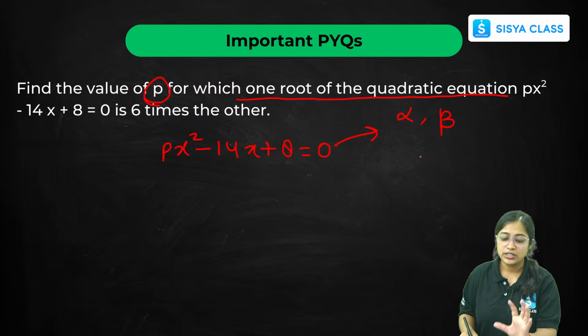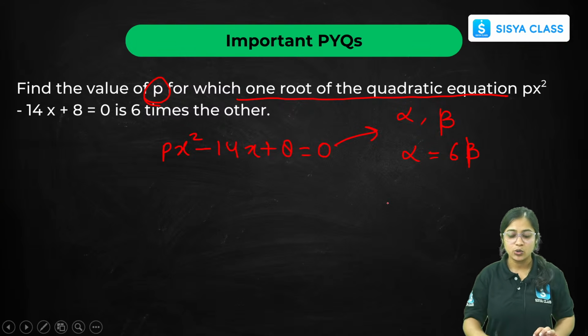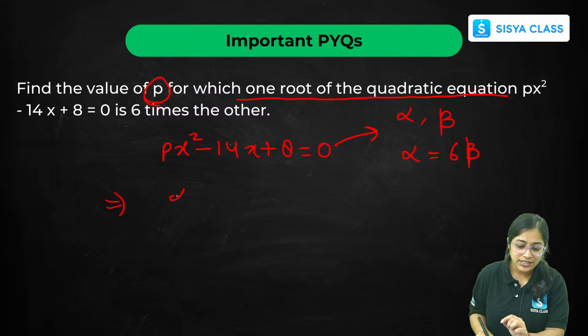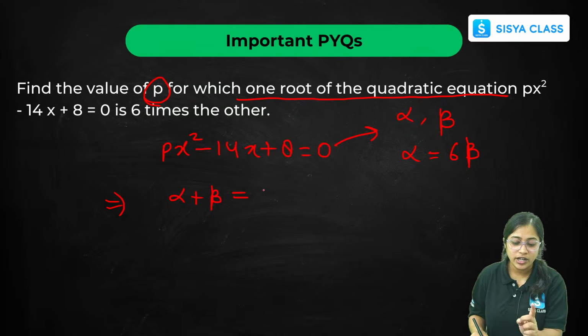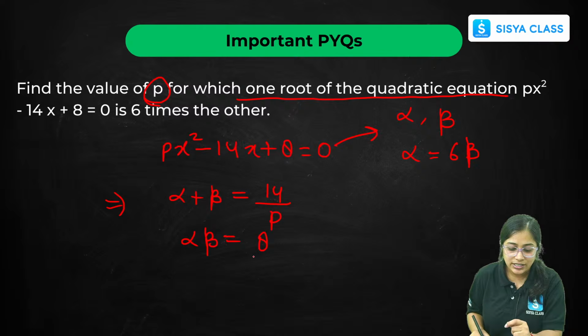Now in the question it is given to you that one root is 6 times the other root. Now let's substitute. So what is alpha plus beta here in this equation? Minus b upon a, right? So it will be 14 upon p, correct? Now what is alpha beta? Alpha beta is c upon a, that is 8 upon p.